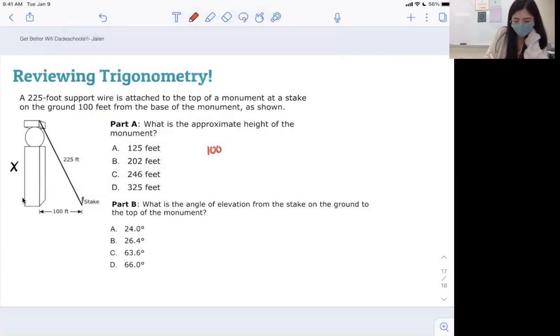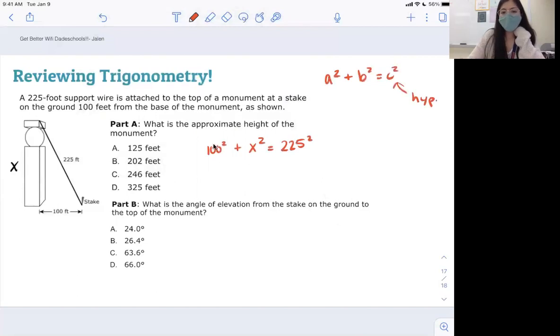So 100 squared plus x squared equals 225 squared. Yes, hypotenuse is always C. So a squared plus b squared equals c squared. That's always the hypotenuse. All right, now I got to solve for x.